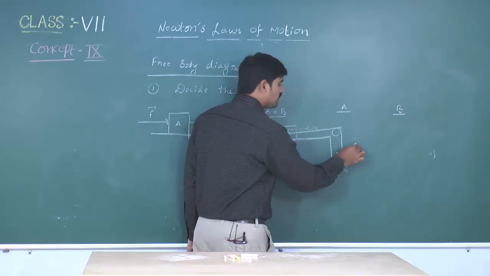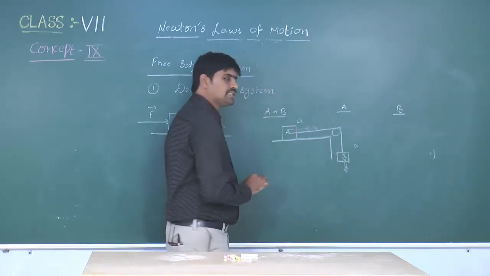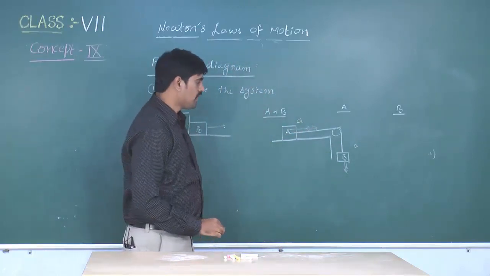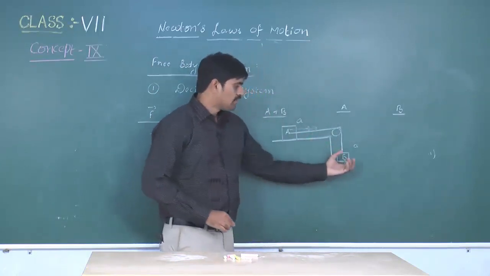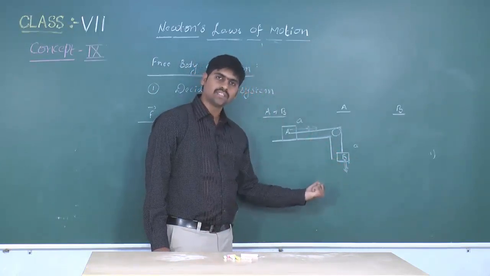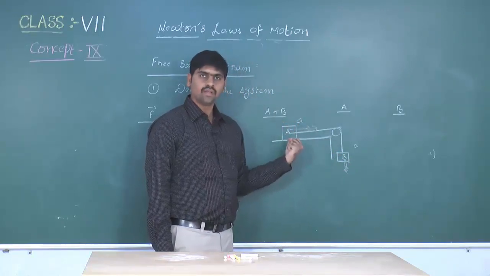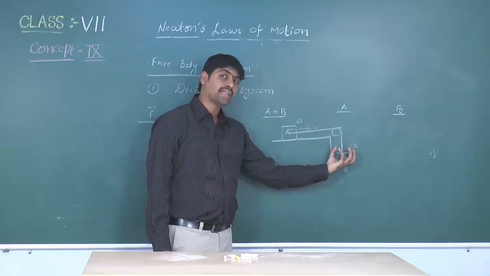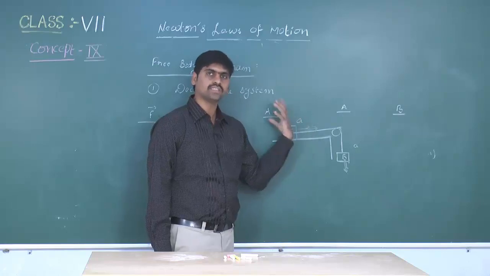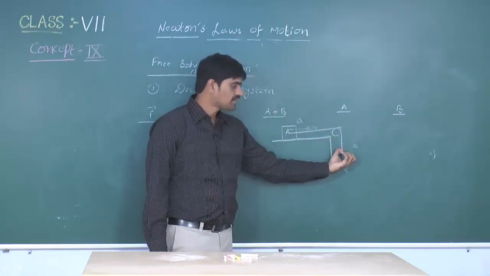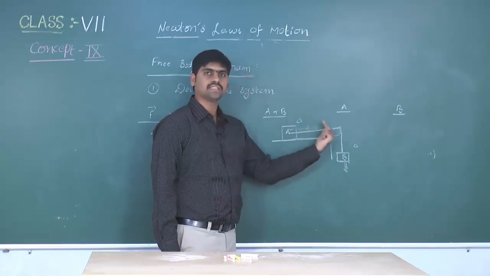So how much acceleration does this body have? This body also has the same acceleration, but we don't take it as a system. Why? The magnitude of acceleration of this body and of that body is the same, but the acceleration of this body is in this direction, and the acceleration of that body is in this direction.